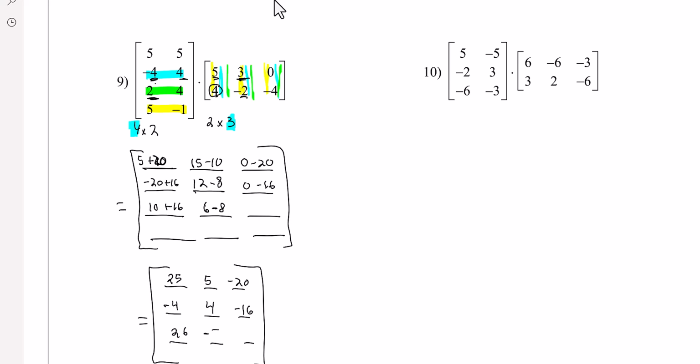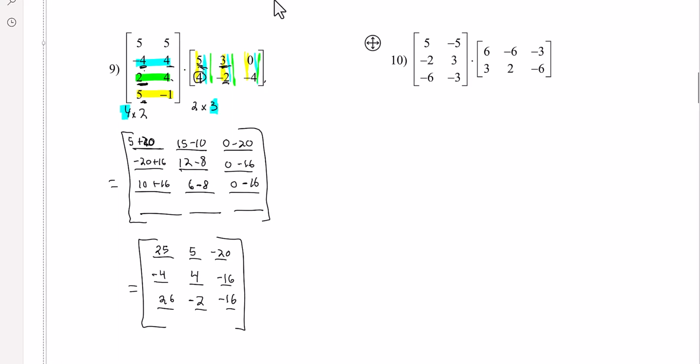Add those two together, you get negative 2. Oh, I started on the other row. I should still be here at 2. 2 times 0 is 0. 4 times negative 4 is negative 16.